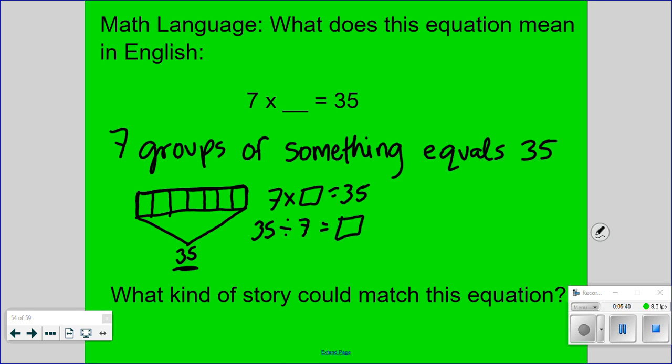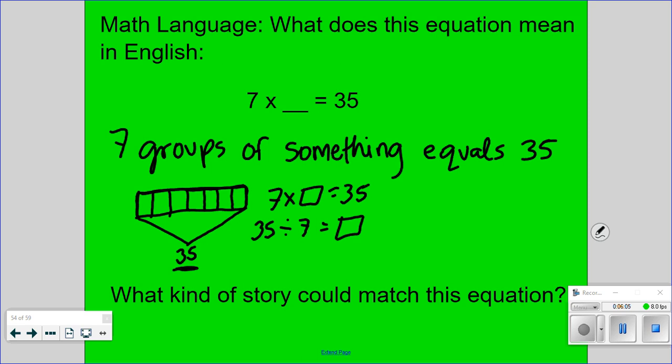You remember when we did our puzzles and we had all those different pictures? You have some on your math choice board still this week. And we have to find the equation that has the least amount of unknown numbers. That's what we're doing. 35 divided by 7. There's no unknown numbers. I know those numbers. I can divide them.